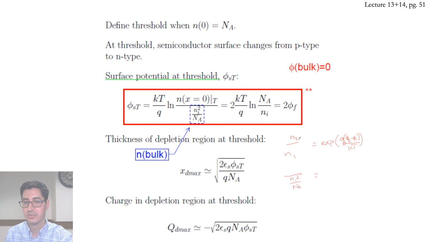And we know n2 at the surface, at threshold, n2 at the surface just has to equal Na. So that just equals Na over ni squared over Na, which we know what that is, if we know the doping, has to equal the exponential of q phi 2. Phi 2 is just the surface potential at threshold, and phi 1 is just the potential in the bulk, which we've defined as 0.